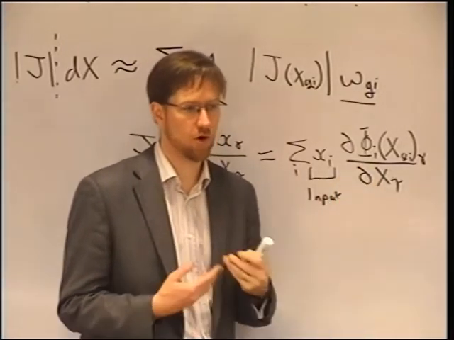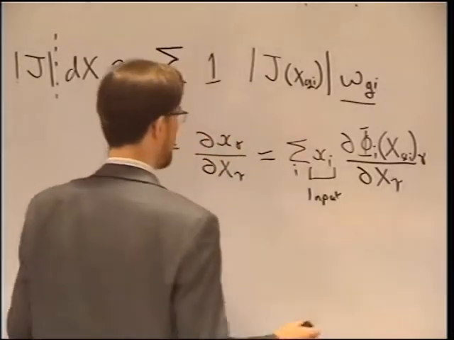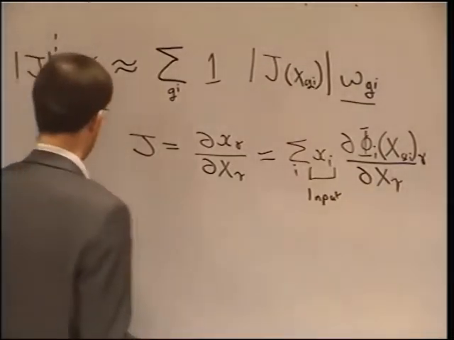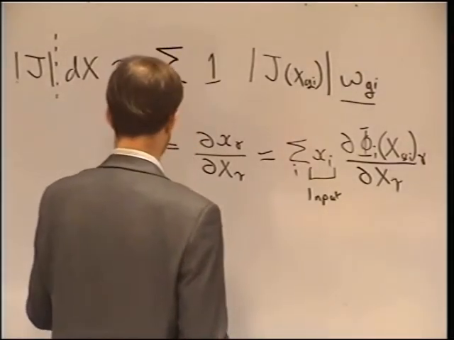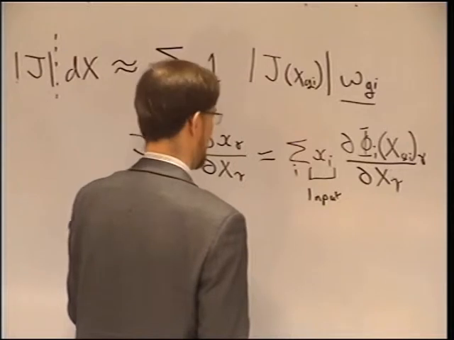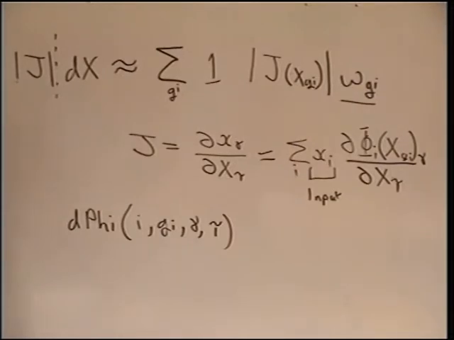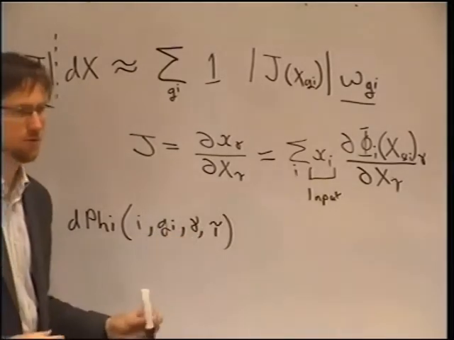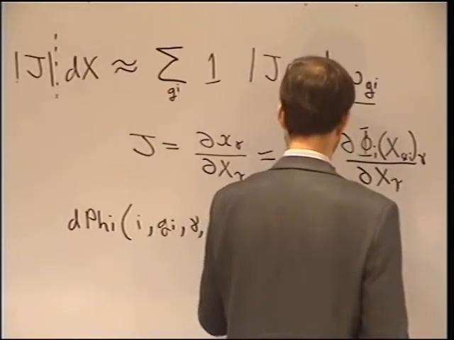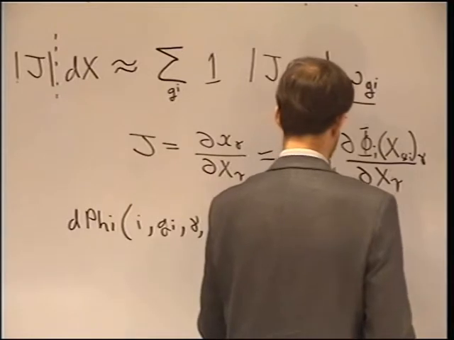So that means what you do is, offline and statically, you work out a matrix, which we might call d phi. d phi has indices I, gi, gamma, tau, and d phi I, gi, gamma, tau contains the value d phi I, x, gi, gamma, dx, tau.